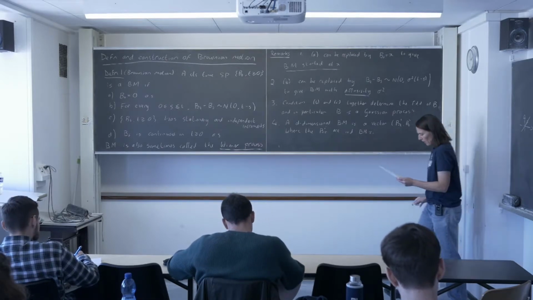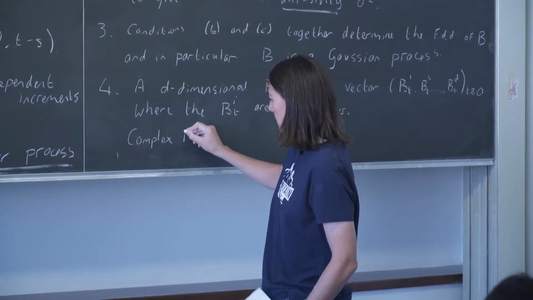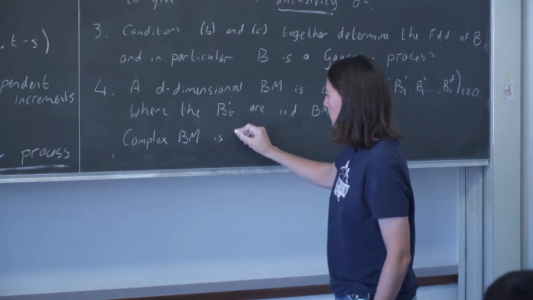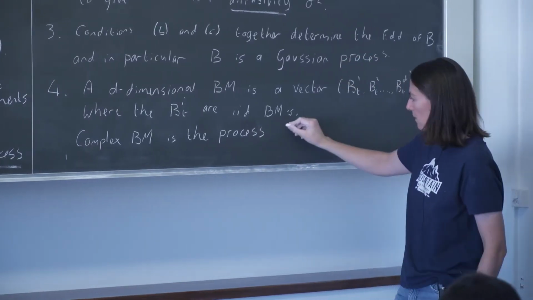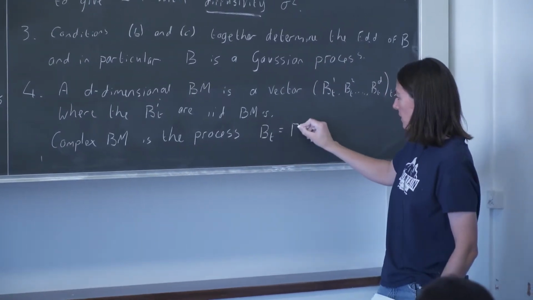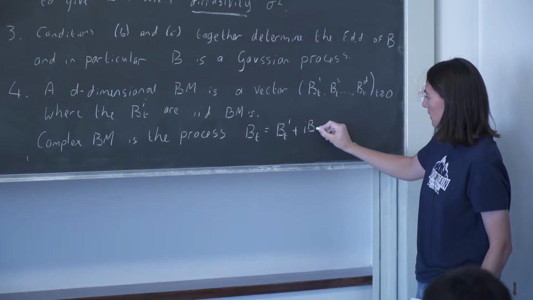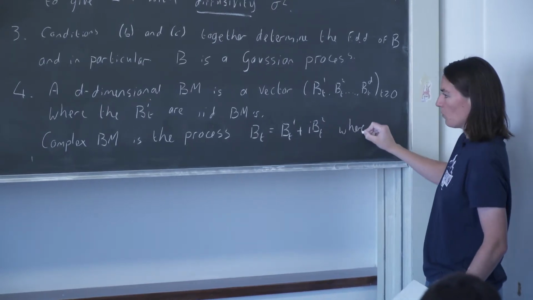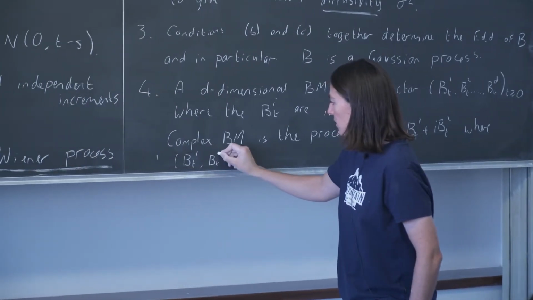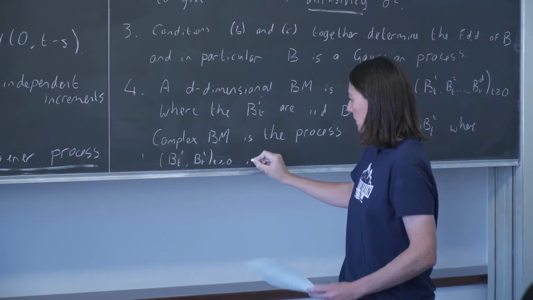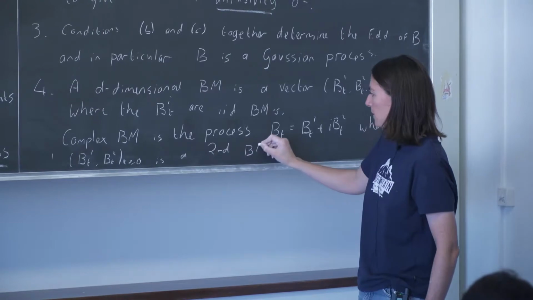And then complex Brownian motion is the process B_t equals B_t^1 plus i times B_t^2, where (B_t^1, B_t^2) is a 2-dimensional Brownian motion.